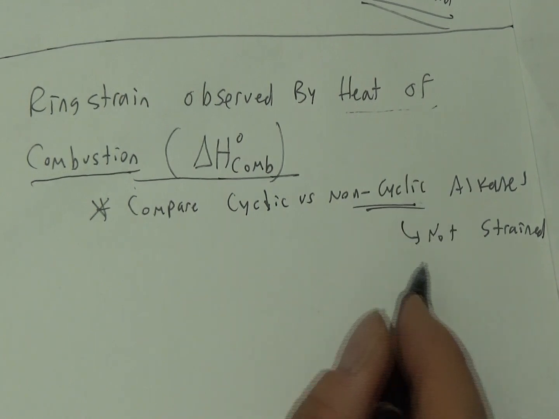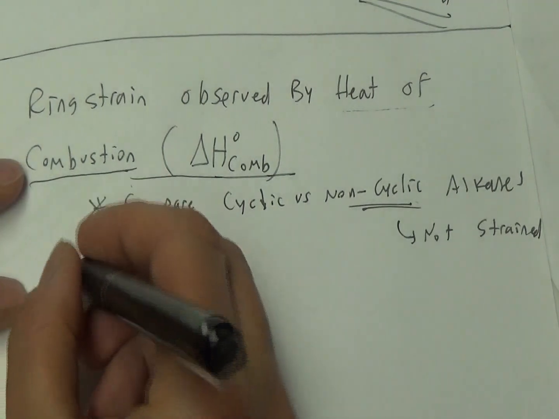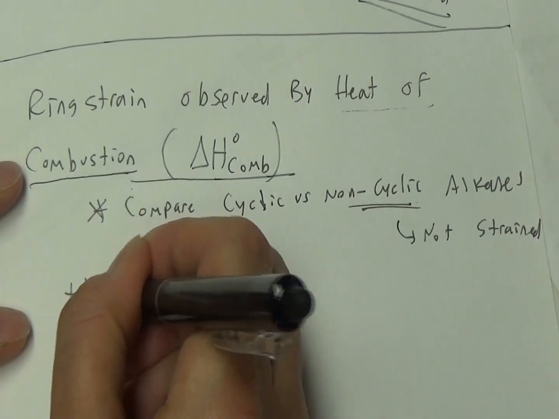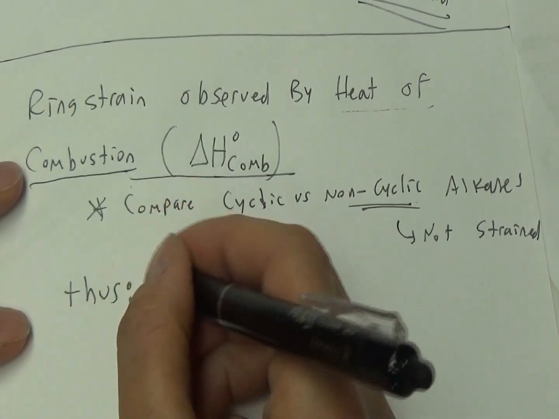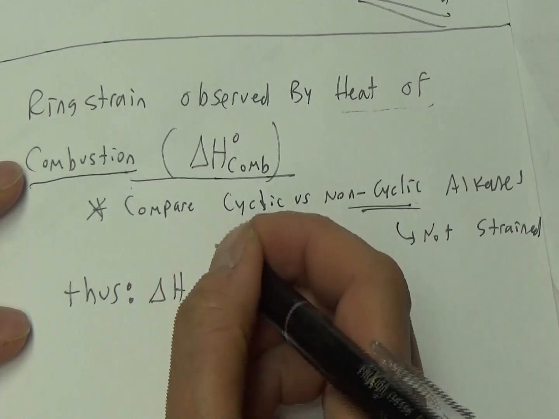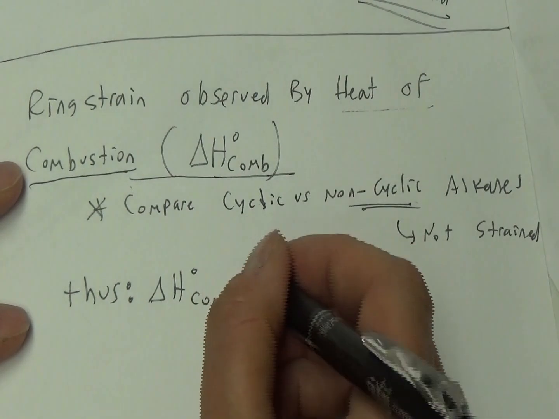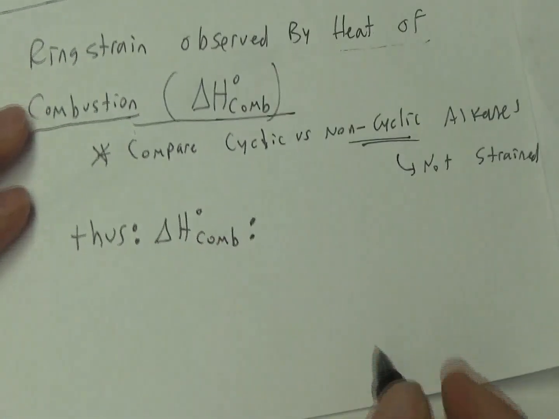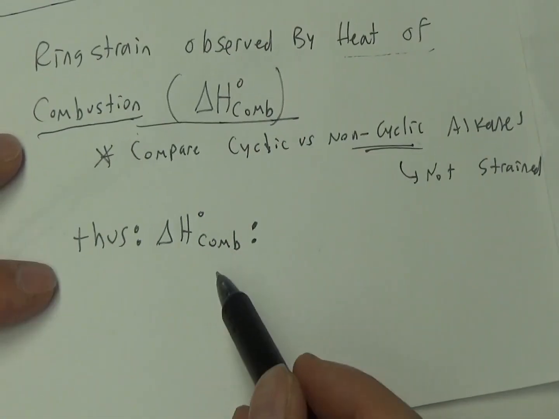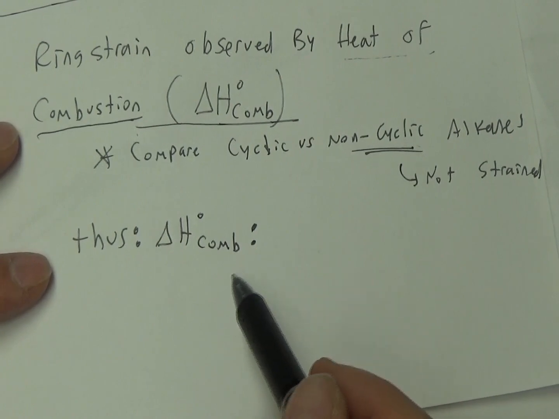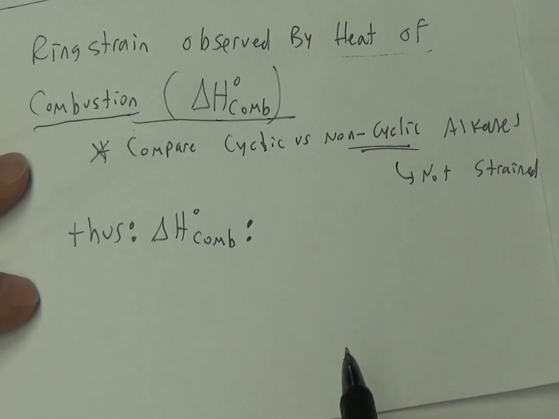But the thing we need to do first, and this will just take a second or two, is look at the heat of combustion for a series of alkanes. And we're going to try to figure out how much heat you get if you just burn a CH2 from a molecule, if that makes any sense.